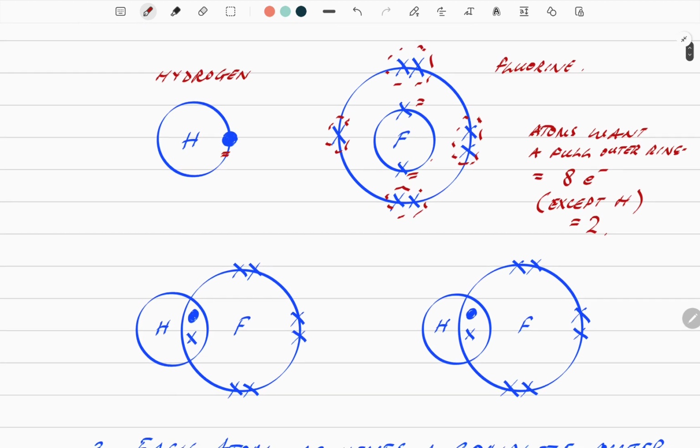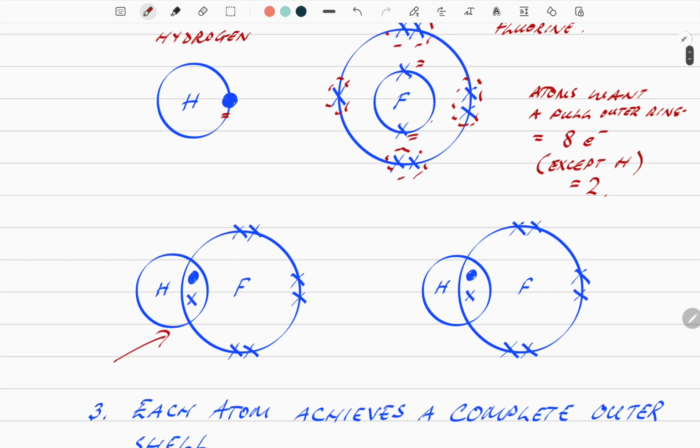Whichever the case is, the way they do it is they get together and share the outer shell electrons. Hydrogen gives the fluorine access to its outer shell electron, and hydrogen gets access to the fluorine's single unbonded electron.